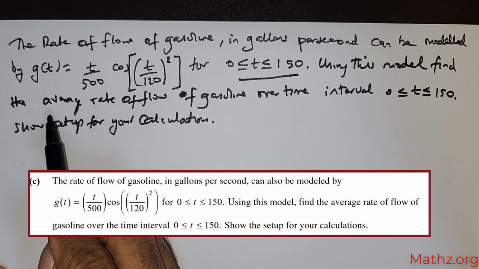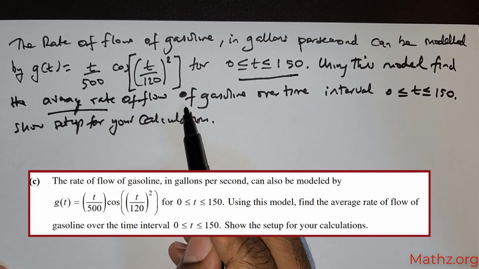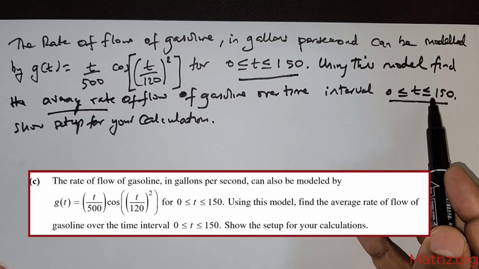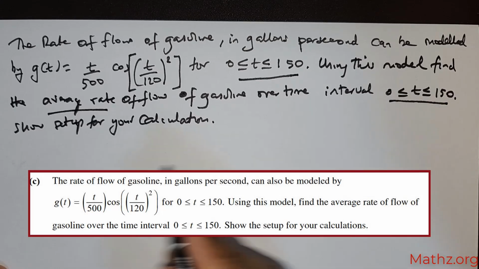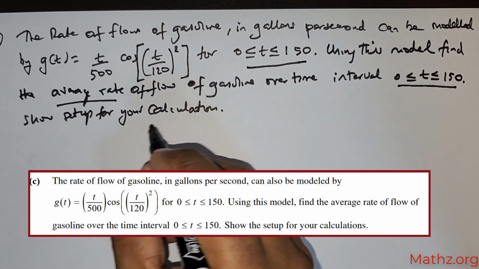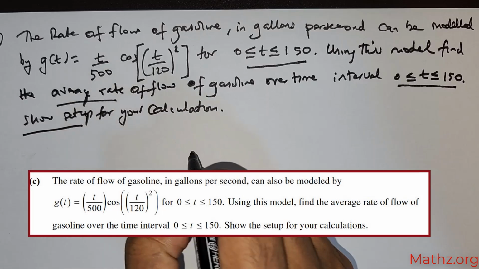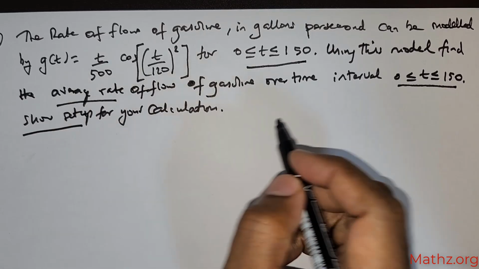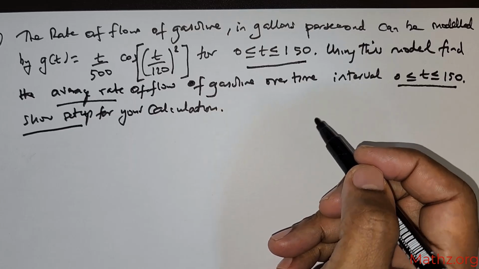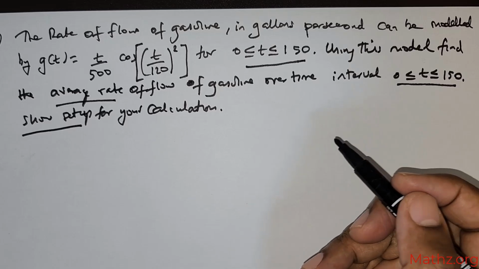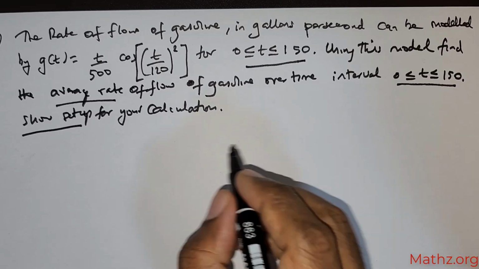Using this model, we have to find the average rate of flow of gasoline over the time interval 0 ≤ t ≤ 150. Now show the setup for the calculation. They are asking us to show the setup, and only then will you be awarded the score. If you simply give the answer or a sequence of numbers and state that to be the answer, you're not going to get anything.